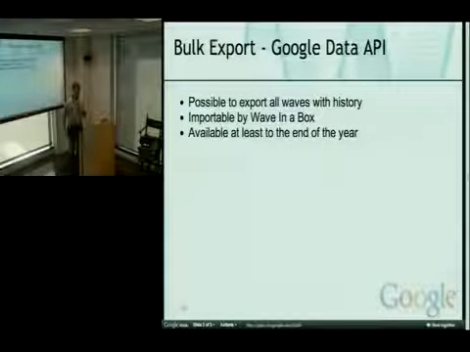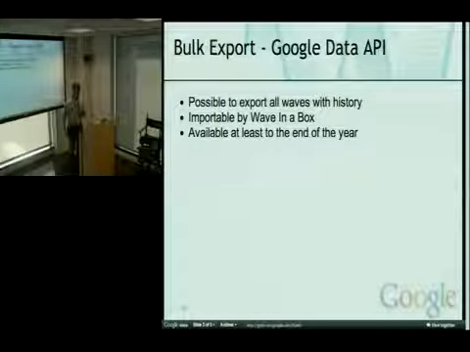So we're still trying to get the binary format right, but it will be a faithful binary representation of the deltas and the operations in there, so that you can then stick them into the wave store in Wave in a Box, and you'll get the entire faithful copy of the wave with the history.